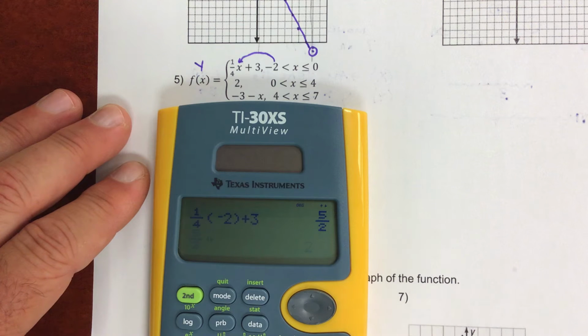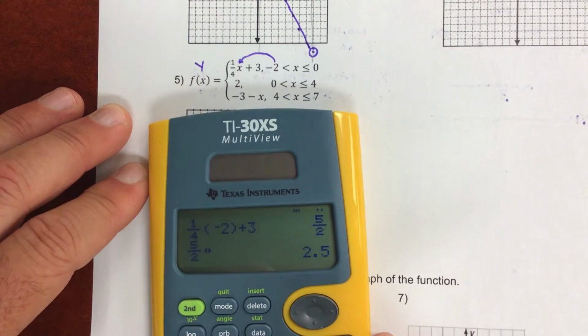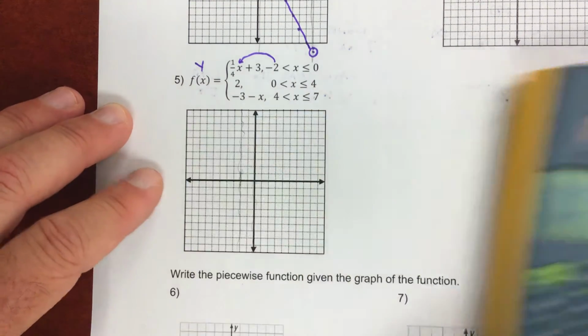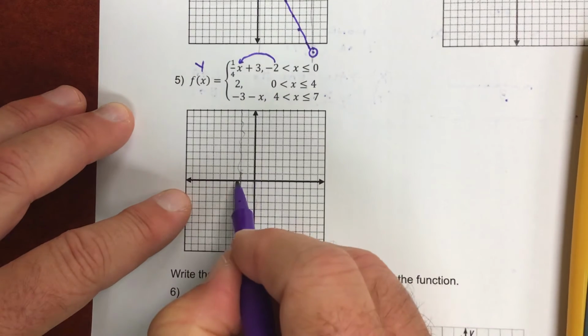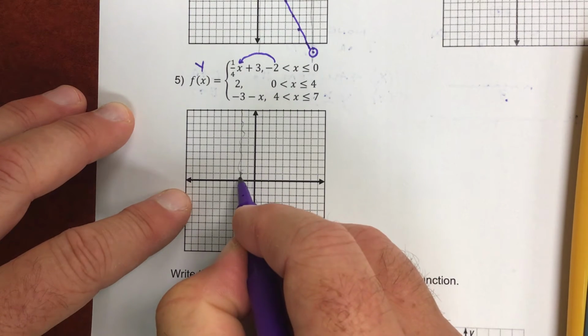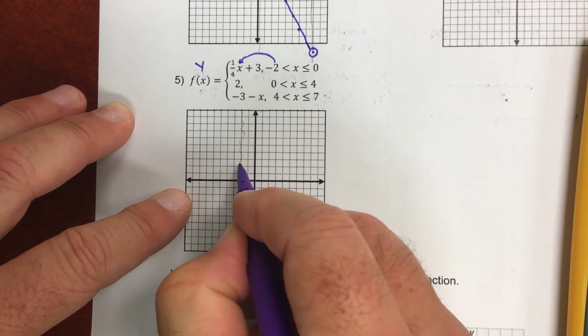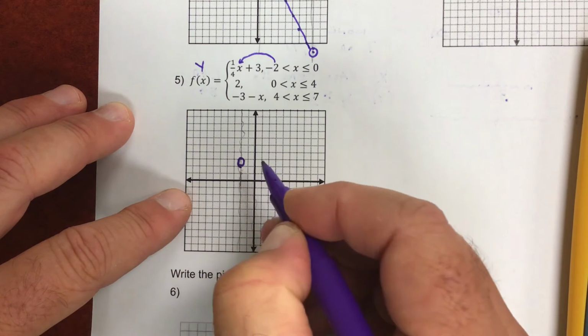If you don't like 5/2 and you want decimals, it's 2.5. So that's what the y value is. When x is negative 2, y is 2.5. So I go up 1, 2, half of it. Just estimate it. Remember, it's an open dot, so just make an open dot right there.